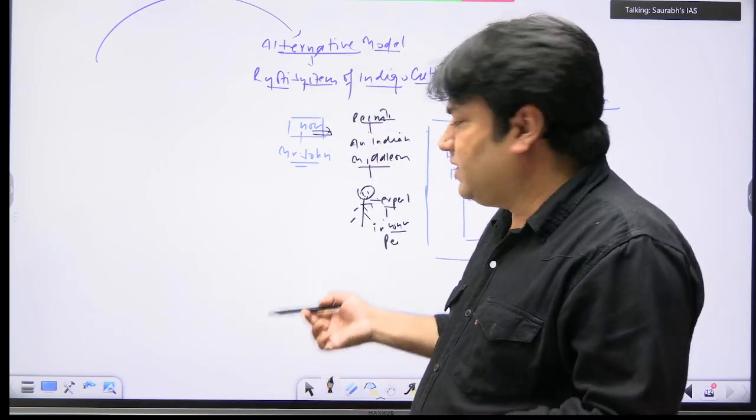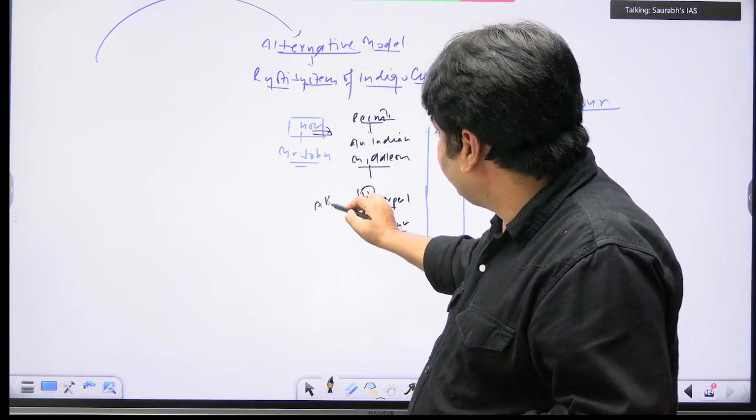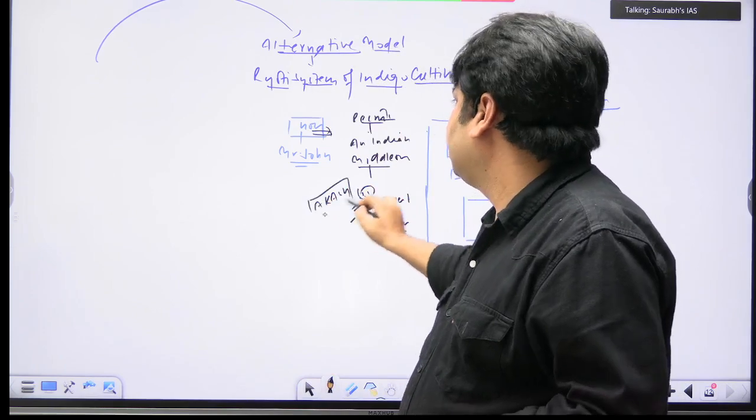Suppose this Indian middleman is Akash. चलो आकाश को बना लेते हैं Indian middleman. ठीक है?